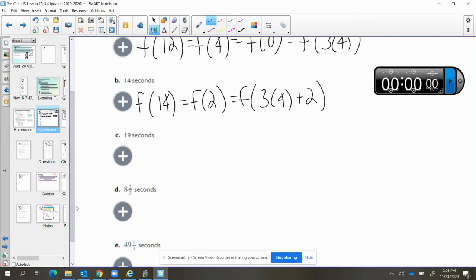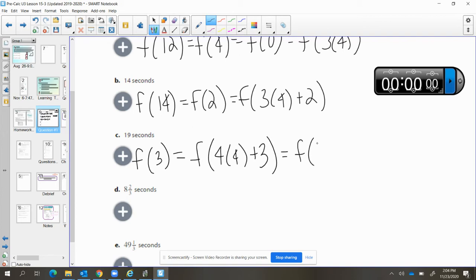So at 19 seconds, she's been able to make it around 4 full times, which means it's the same as f of 3, because again, she made it around 4 full times plus 3 seconds, right? So it's the same idea as whatever it was at f of 3. They're all going to have that same variation because of that periodic nature.